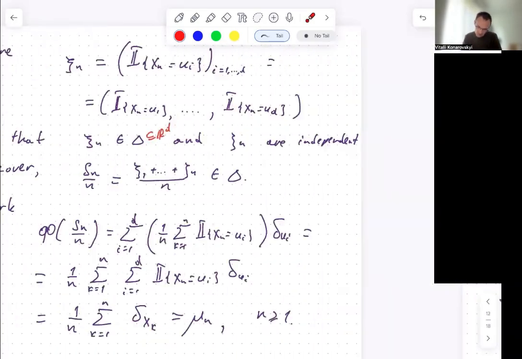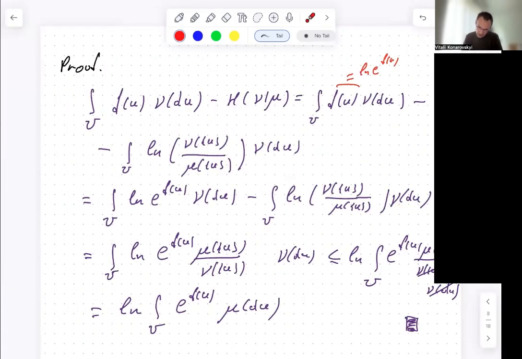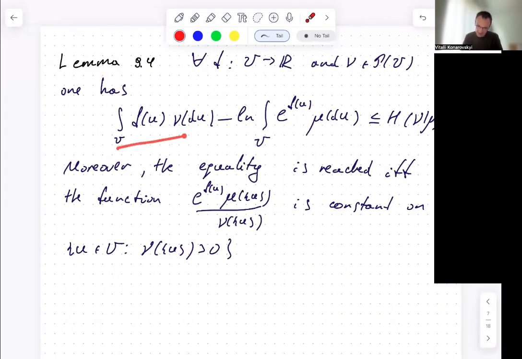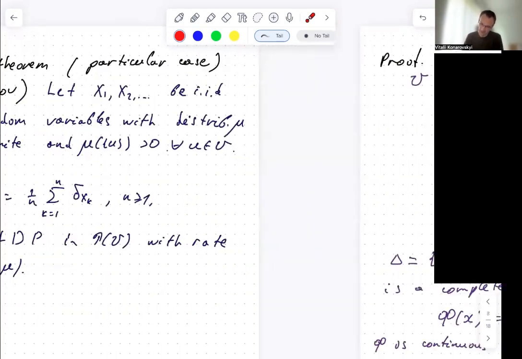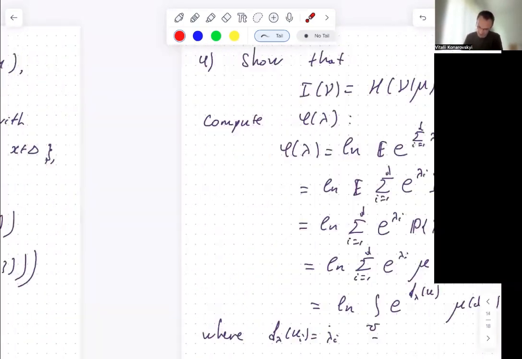Let's go to the beginning of this lecture and see here. It is the integral of f with respect to nu minus the logarithm. And we showed that for every function, it is less or equal than the function h. And moreover, you can find a function such that this is constant, and then you have equality. But let's go back.